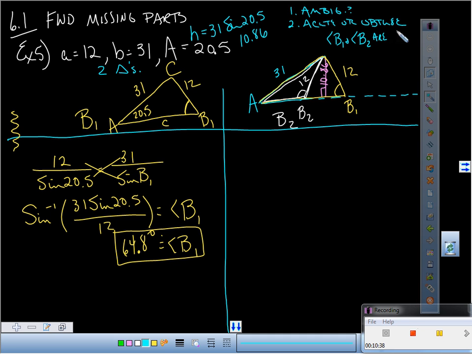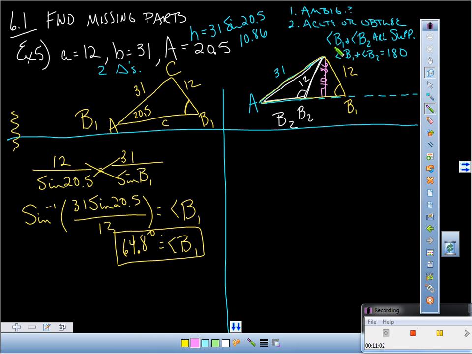Supplementary. Very good. Now, if you don't like that word supplementary, that's too mathy for you, you could say angle B sub 1 plus angle B sub 2 equals 180. Either way. Now, they might see why, because this morning a lot of the kids said yeah, but when I really started questioning them, they didn't know why.